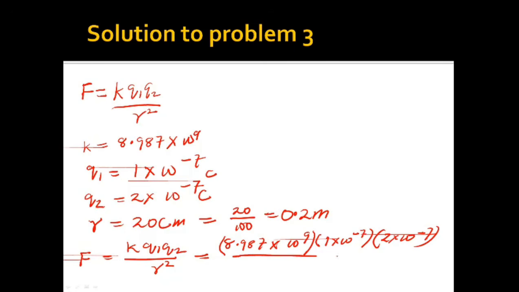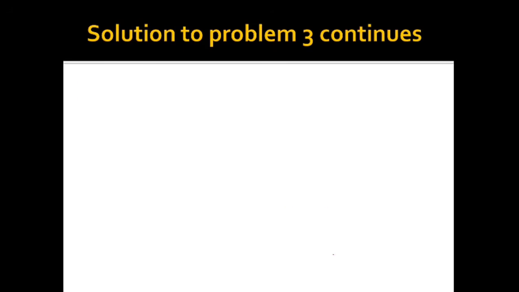Everything there divided by R squared, which is 0.2 all squared. Now let's go to the next board.